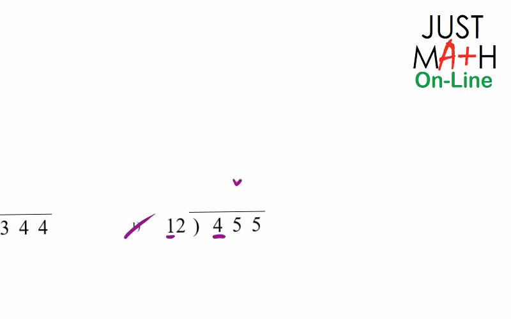So you have to use 3. 3 times 2, 6, 3 times 1 is 3. Then you minus. 15 minus 6, you get 9. 9 is less than 12, that means this number is correct.